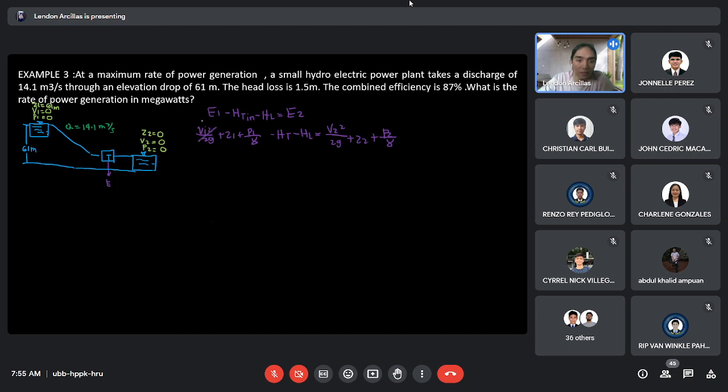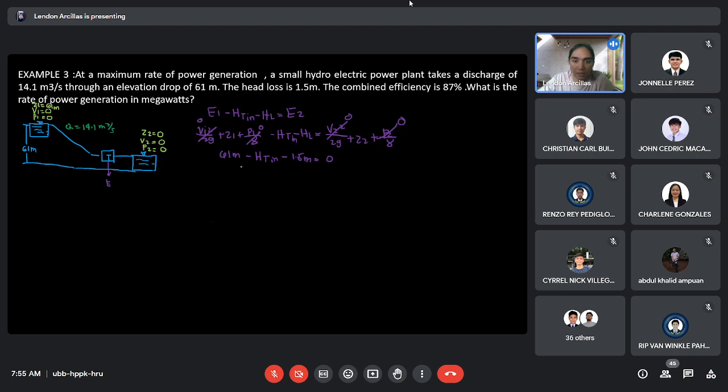Again, kung magiging 0 to, 0 yan, 0 to, 0 to, of course, because of that explanation kanina. So, ang Z1 na lang natin ay 61 meters. HT is hahanapin natin, HT in. Head loss is 1.5.